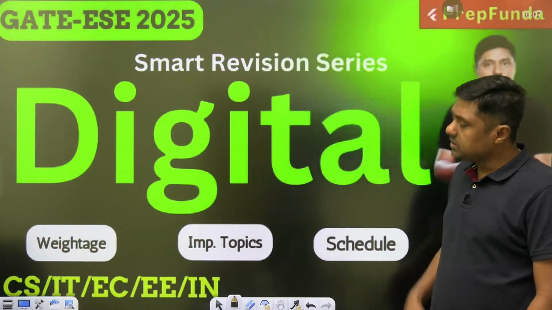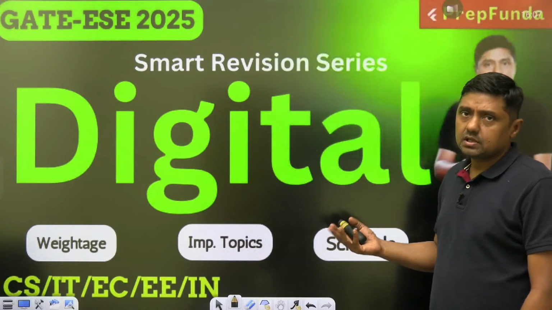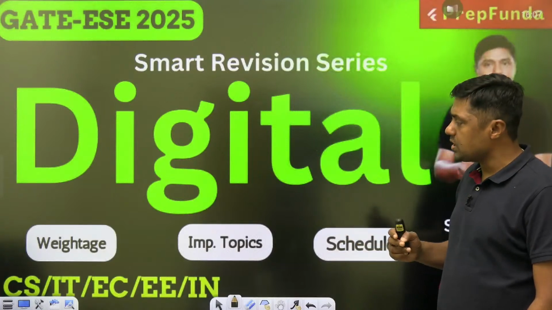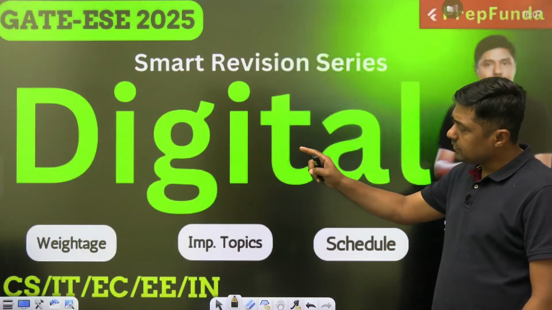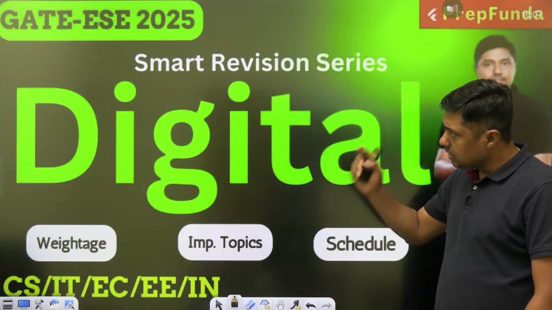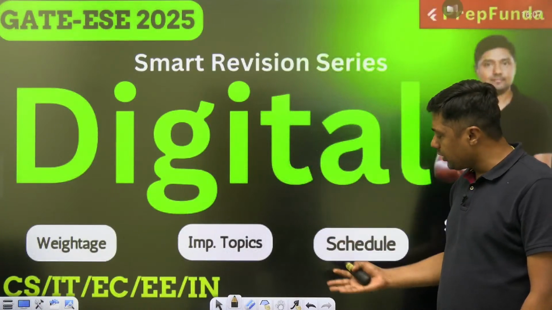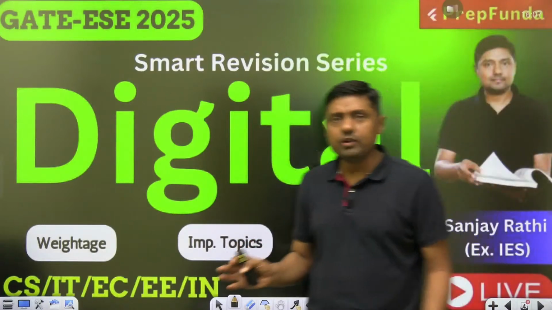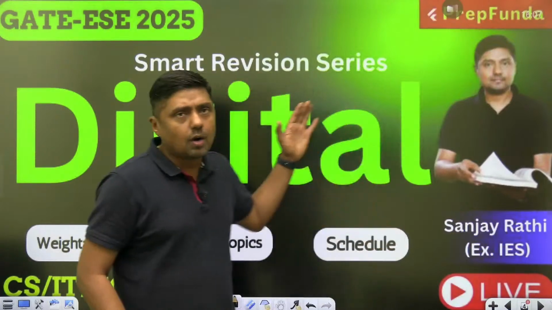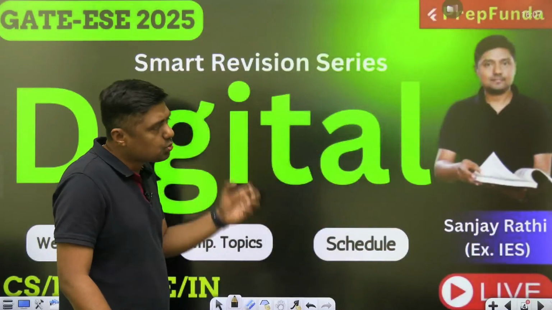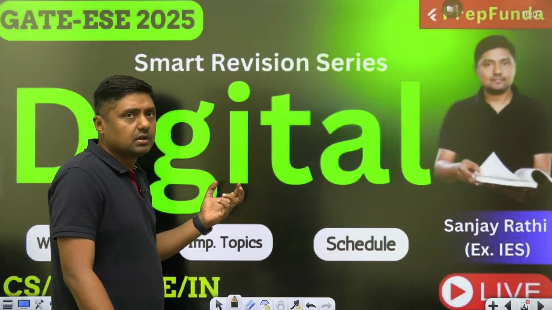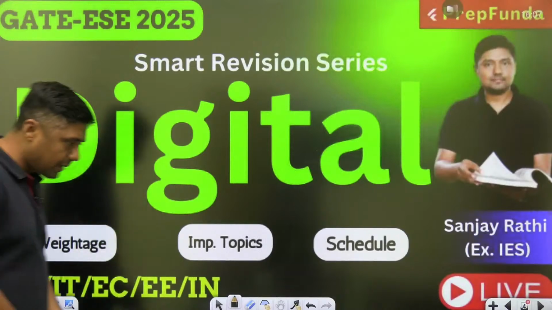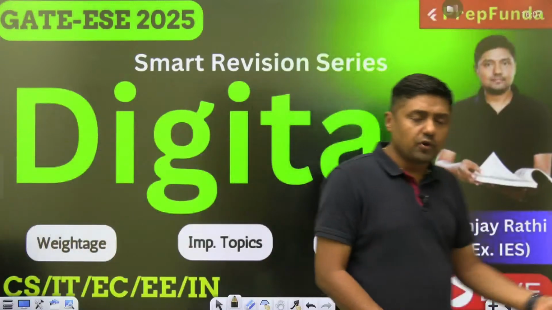Then sequential circuits. Sequential circuit means registers, counters, synchronous counter, asynchronous counter. So this is the session. Link is given in description. So what is the weightage of digital? What are the important topics and complete schedule of digital, guys. So stay tuned with me. On same channel we will complete digital with theory plus complete numericals, right? To concept with numericals. So on the same channel, to first of all subscribe the channel and inform your friends about this.